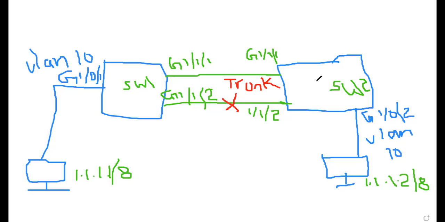So in order to get both the link speeds, let's say if it's 1 gig, we'll get 2 gig speed. To get the 2 gig speed, we will make them bundled. When I say bundle, we call it a port channel. So let's say I'm marking this as port channel 10.